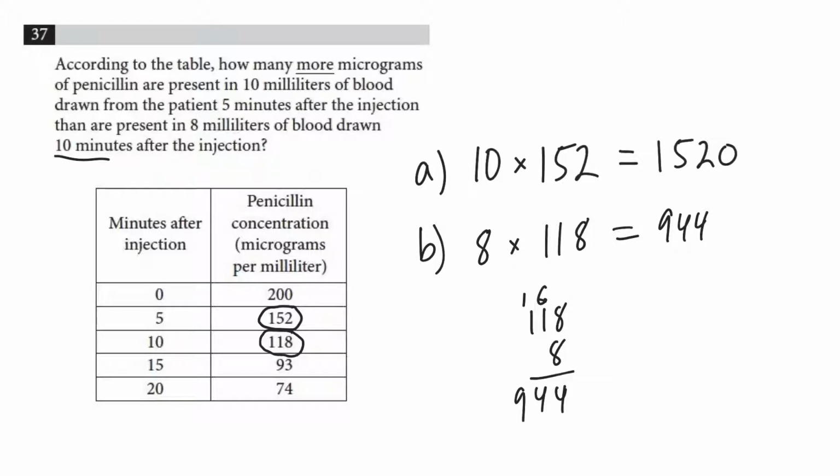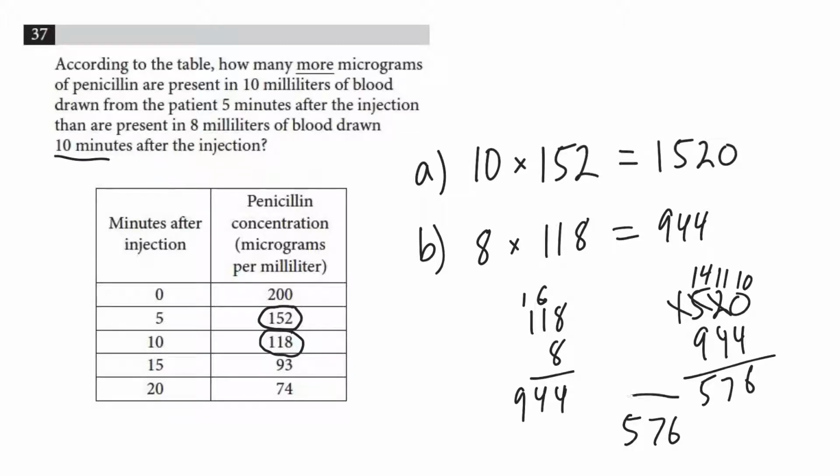Okay, and we want to know how much more there are at the 5-minute interval in 10 milliliters. Well, that's going to be 1,520 minus 944, which is 576. So we have 576 more micrograms.